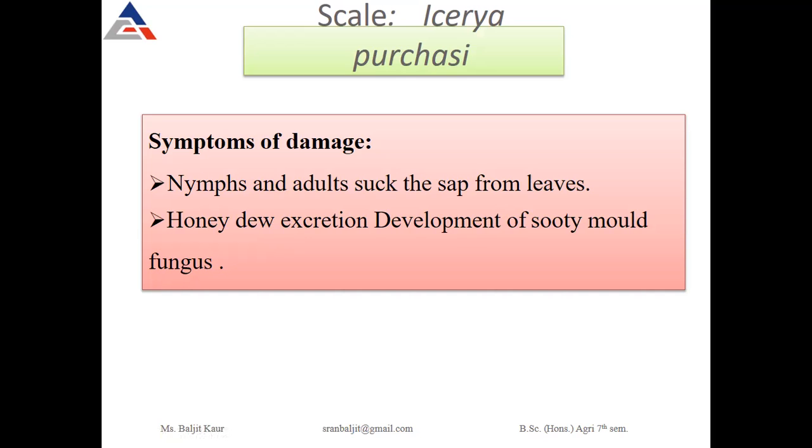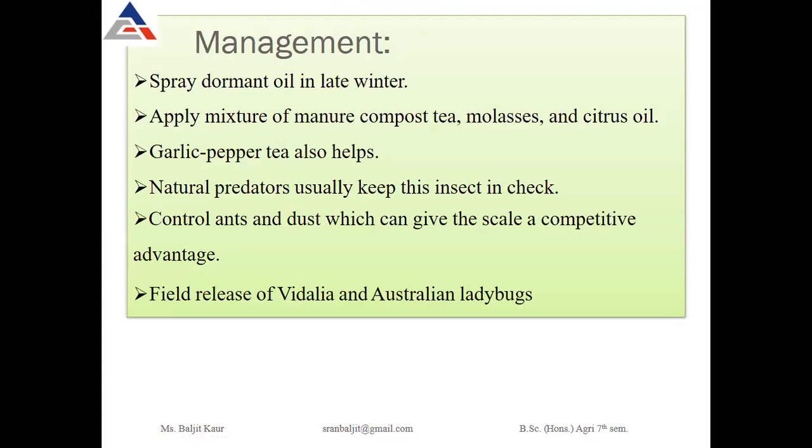So this scale sucks the sap from the leaves, and they excrete honeydew secretion, and there is a development of sooty mold, that is fungus, on the leaves and branches of the plant.